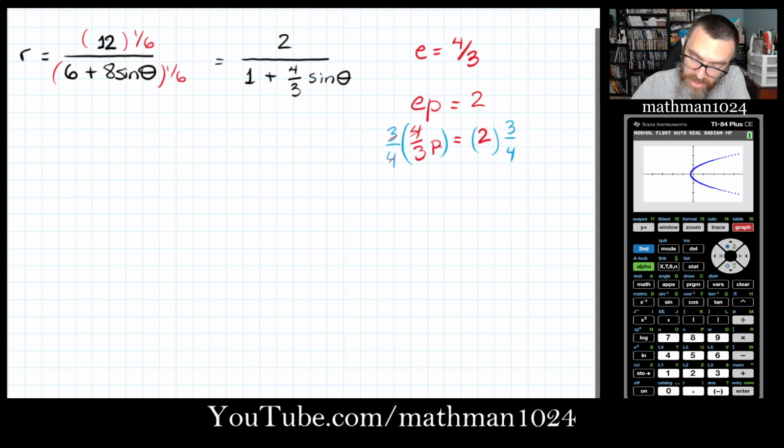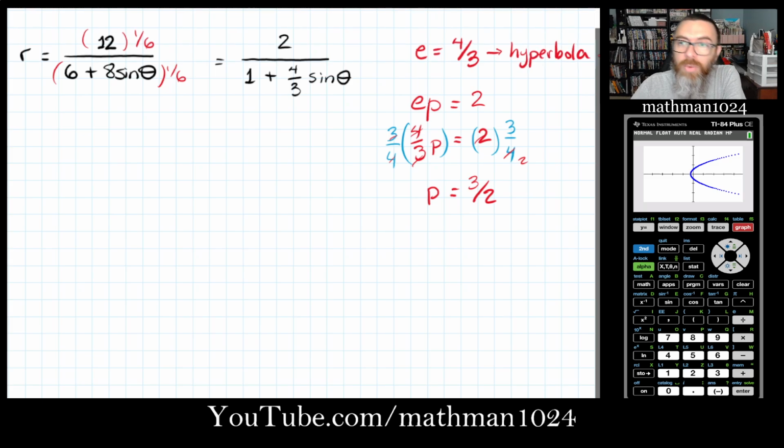So those guys are gone. 2 reduces with the 4 two times. P equals 3/2. Right? Also, since e is greater than 1, we are dealing with a hyperbola. Oh, I can tell this is going to be loads of fun.